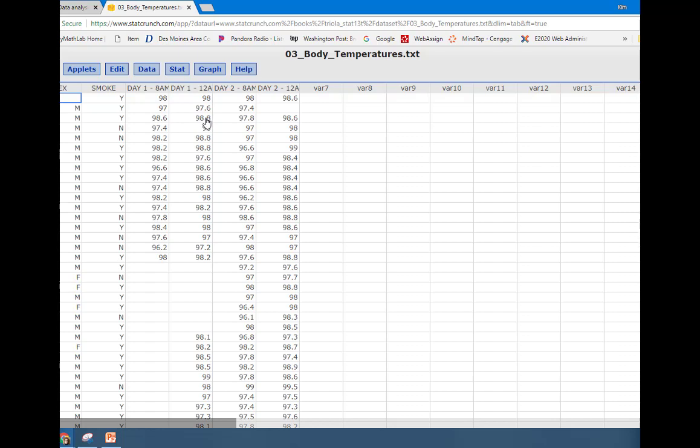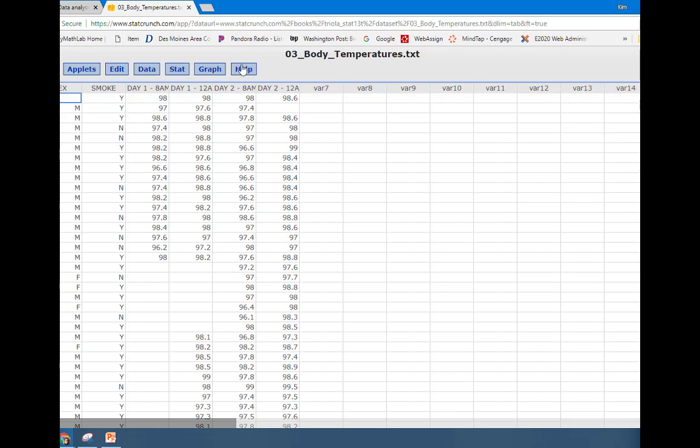Okay, and it says we want to find the minimum sample size required to estimate the mean body temperature of all adults, and we want a 98% confidence level with the sample mean that's within 0.1 degrees Fahrenheit of the population mean. So we want to look at day 2, 12 a.m. So we want to look at this column right here, and we want to find the range.